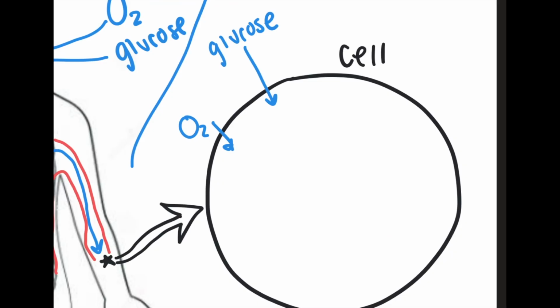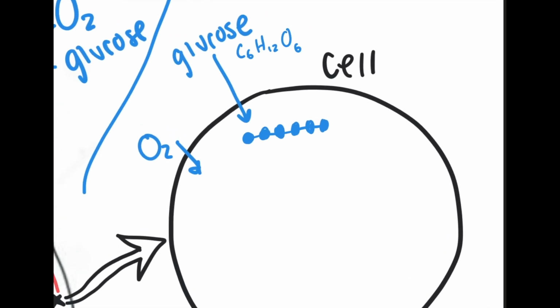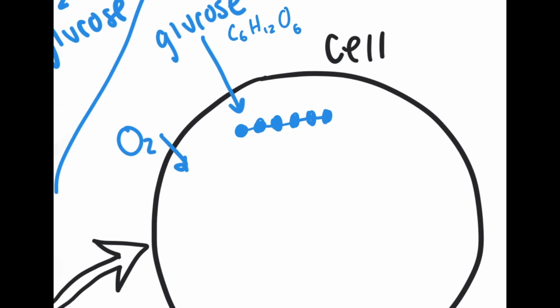So glucose, we'll pay attention to oxygen later. For now, let's just focus on the glucose. Glucose is C6H12O6. For now, let's just focus on the carbons. So it's a 6-carbon molecule: 1, 2, 3, 4, 5, 6. And the first step of cellular respiration is called glycolysis.